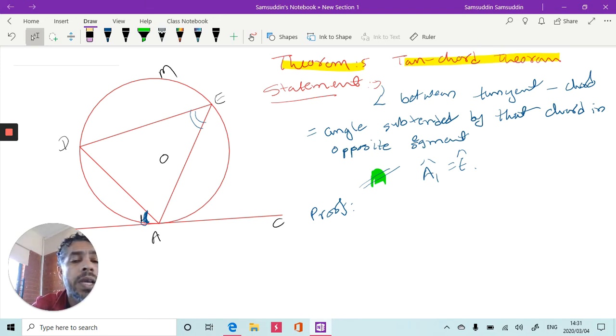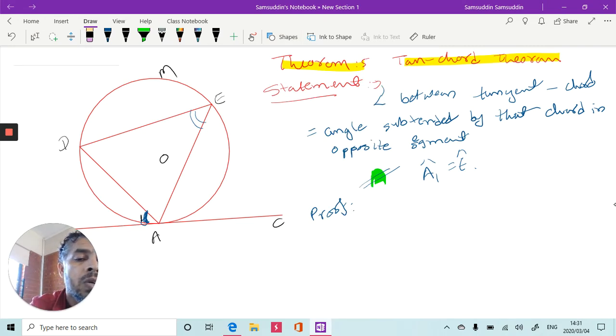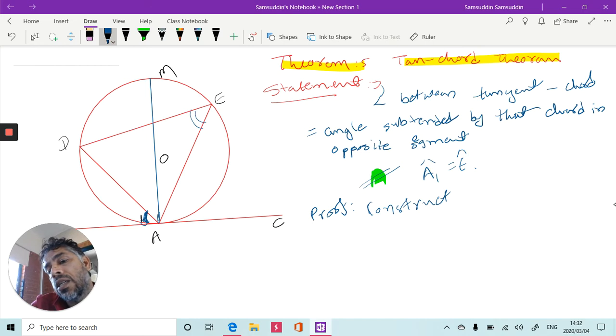In this theorem, we will start our work by constructing the diameter from point A. I will write: construct diameter MOA.